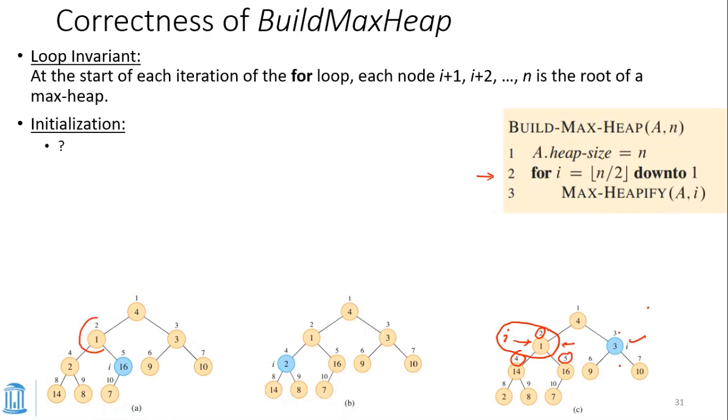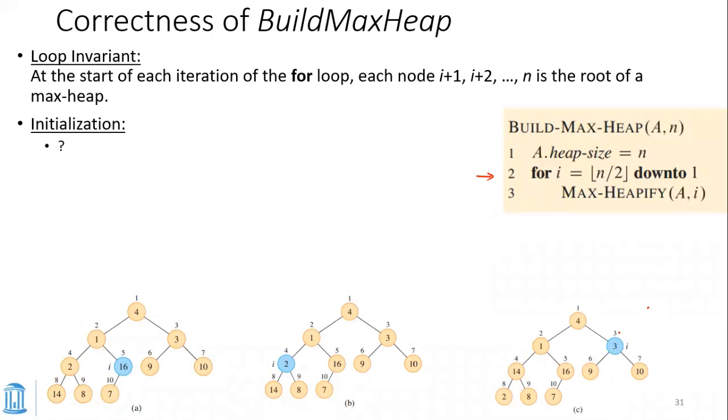By going from the last index, decrementing the indices, you essentially said that if we're operating at index I, then every tree rooted at I plus 1 all the way till the end of the array has already been converted into a max heap. So if everybody agrees with that loop invariant, we can go forward.